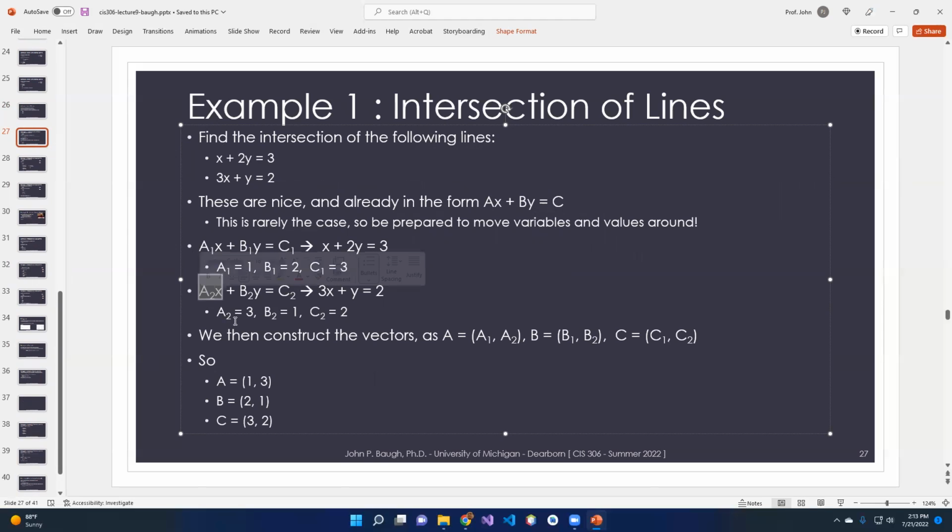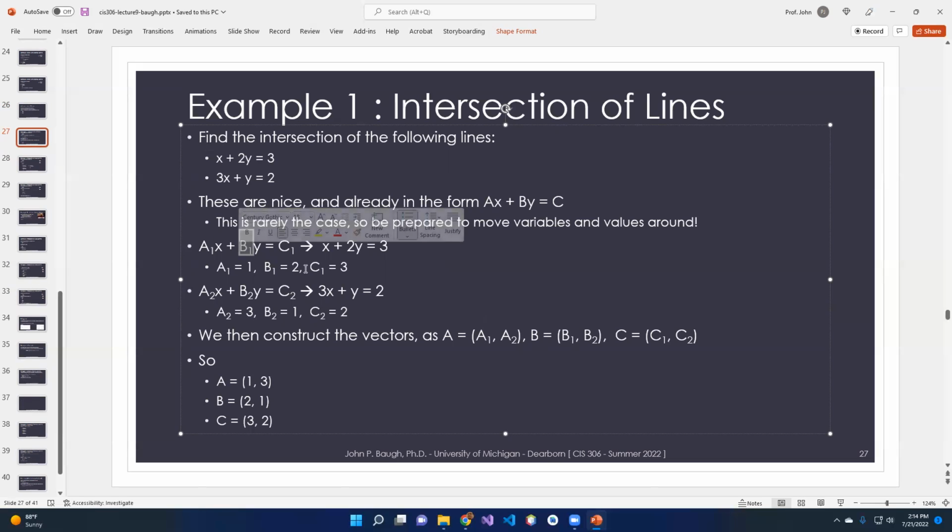So a2 is the 3, b2 ends up being the 1 that's in front of this y here, and then c2 is a 2. When we construct the vectors, a is a1, a2, so a1 right here, a2 right there, so that's 1, 3. And then we also have b equals b1, b2.